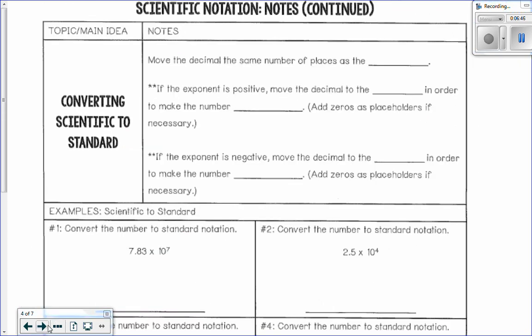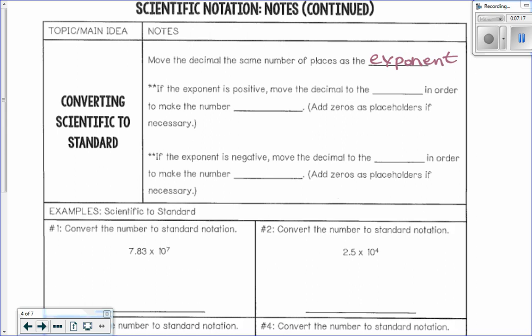Let's go backwards. Now we're going to be given a number in scientific notation, and we want to convert that to standard form. So we need to move the decimal the same number of places as the exponent. That exponent tells you the number of times you're going to move the decimal, and it's going to tell you direction. That exponent is very important.